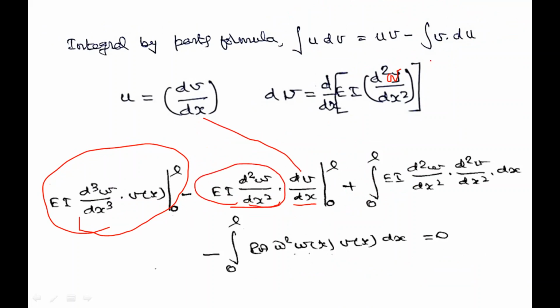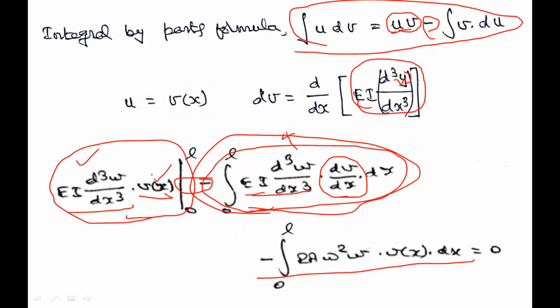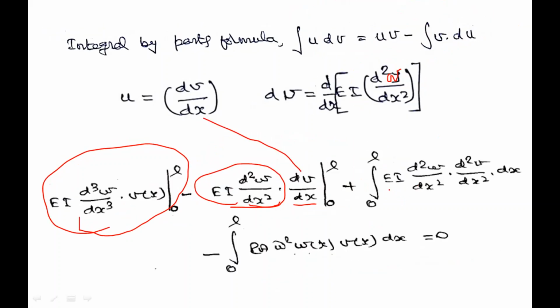Then minus integral v du, so minus minus becomes plus: integral 0 to L EI d square w by dx square, d square v by dx square dx, minus the second part, integral 0 to L rho A omega square w of x v of x dx, equal to 0. EI d square w by dx square is nothing but the bending moment. The dv by dx is the slope. EI d cube w by dx cube is Q. V of x is the displacement function.